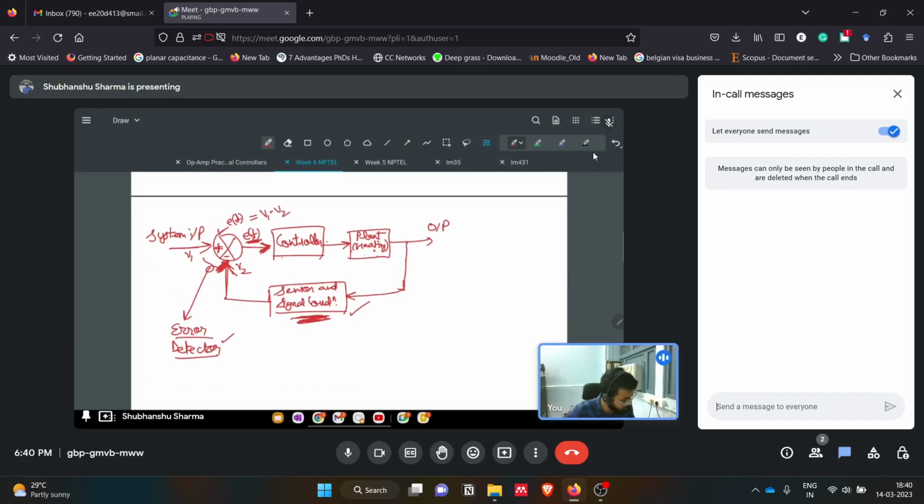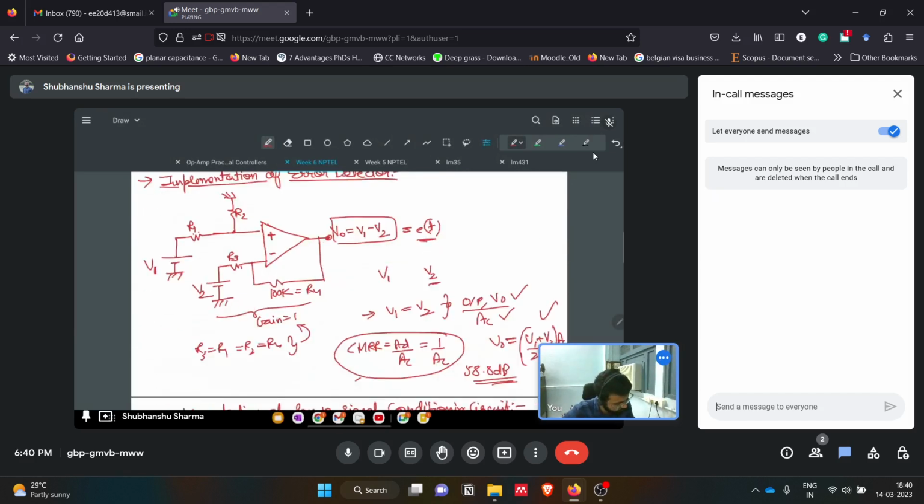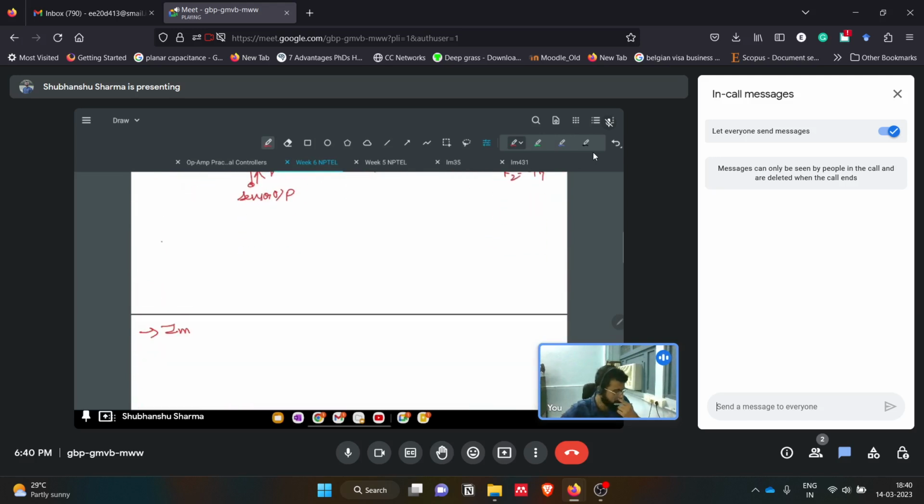Now we are looking into the plant heating circuit, not signal conditioning, but the circuit realized using op amps. So, implementation of the heating plant circuit.